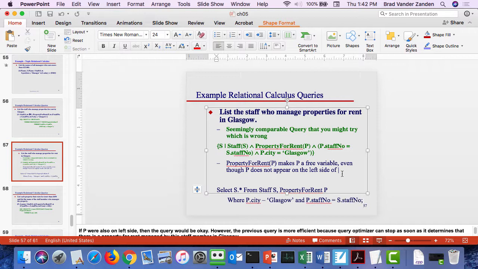So this is the kind of comparable query. This is a valid SQL query, but this is an invalid relational calculus query. You might think, why?